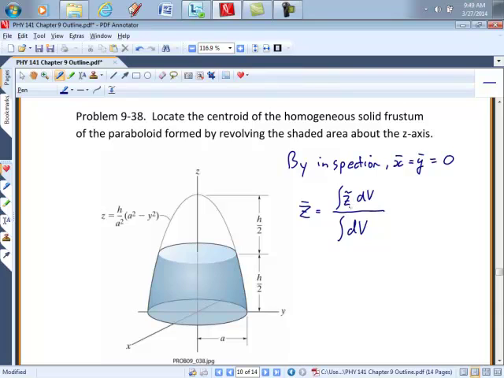We're not going to have time to finish that right now, but I will have time just to draw in our differential volume. If we're integrating with respect to z, it's going to be a circular area of differential thickness.